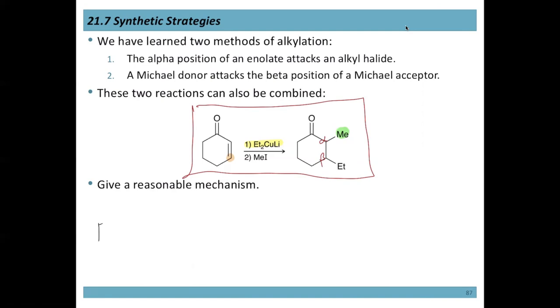So if we start with the cyclohexanone and we take step 1, the Gilman reagent. Remember, for our purposes, we're just going to treat this Gilman reagent as if it were a C-. So let me correct that, too many carbons.